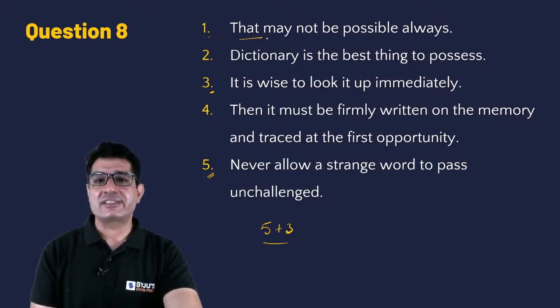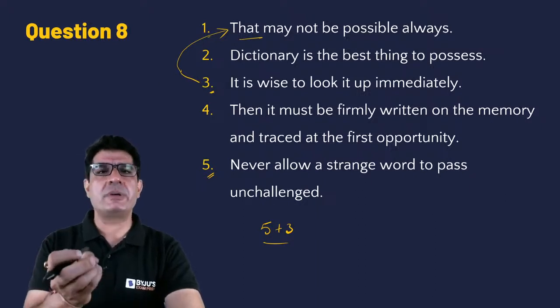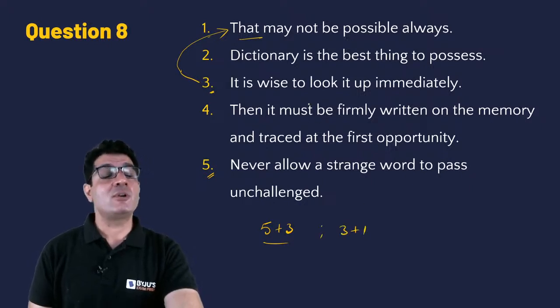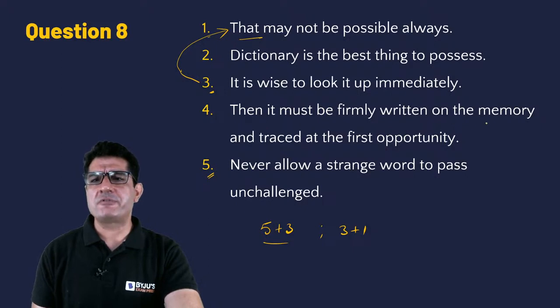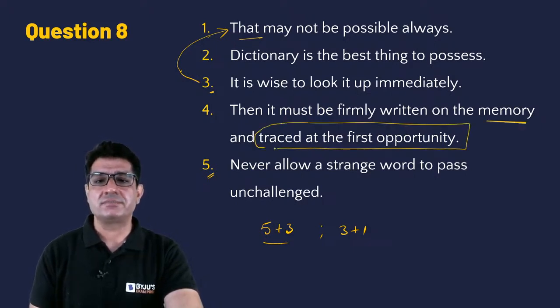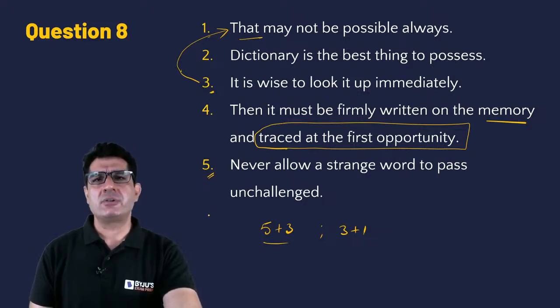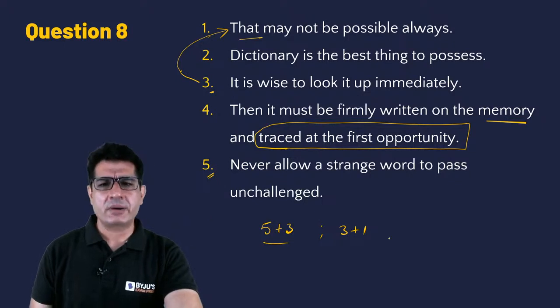In this context, this that can refer to what is mentioned in sentence 3. Now you're not always in a position to look up the meaning of a word immediately. So you have this 3 plus 1, and if you are not able to look it up immediately, what can you do? It must be firmly written on the memory and traced at the first opportunity. So you're not able to look it up immediately, in which case what do you do? Just keep it in your mind and then look it up later.